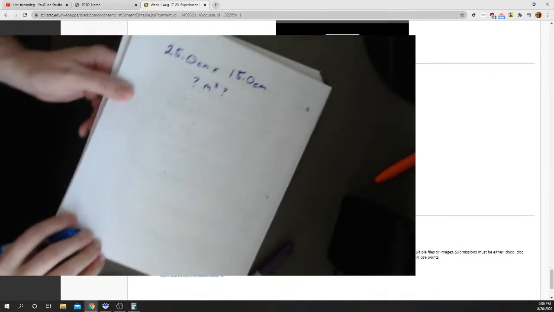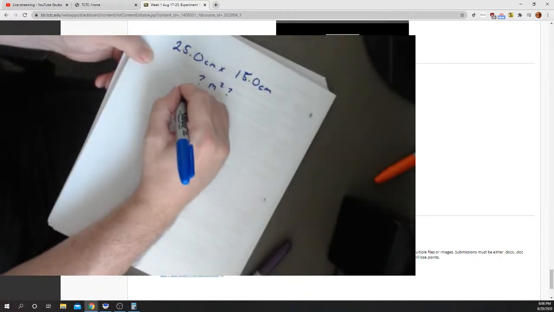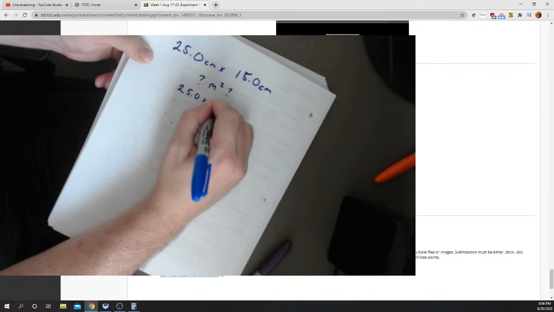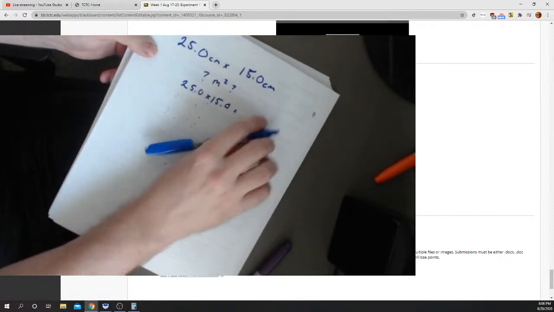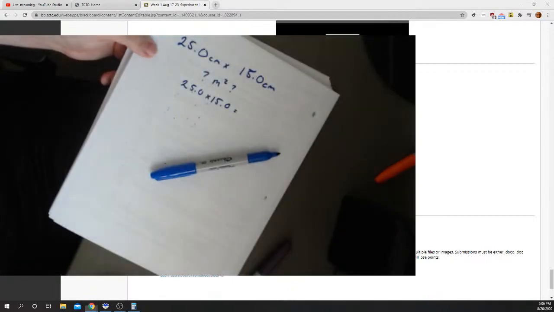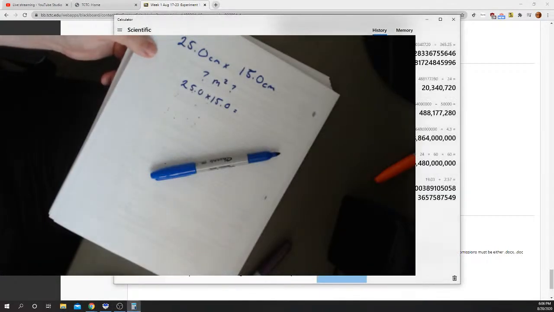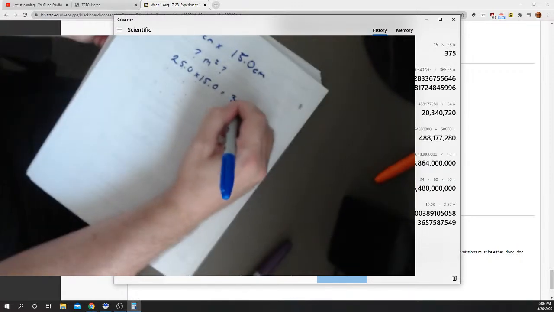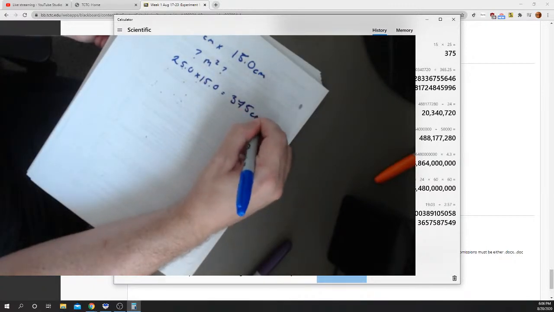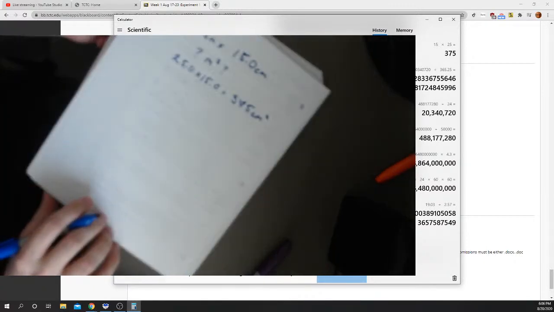Okay. Oops. So the area in square centimeters would be just 25.0 times 15.0. 15 times 25 would be equal to 375 square centimeters.